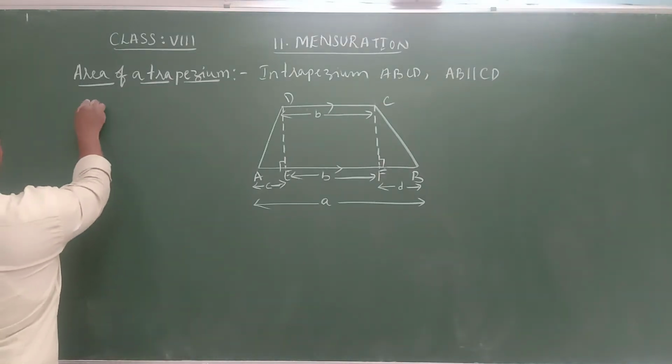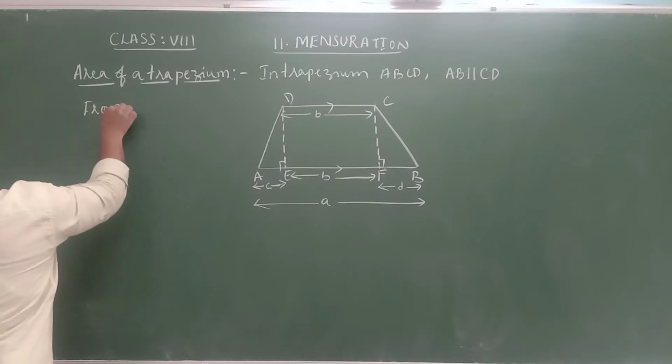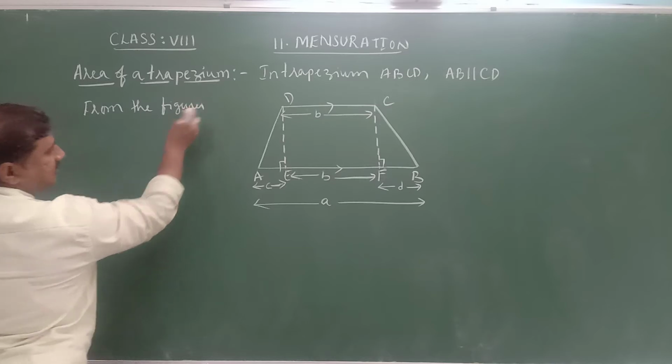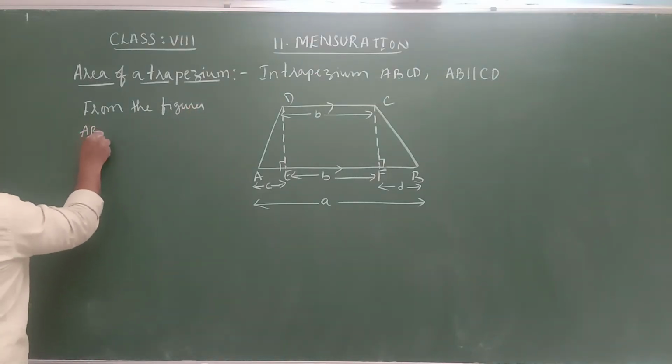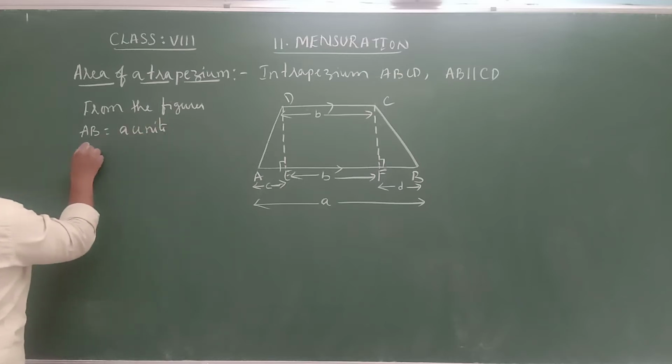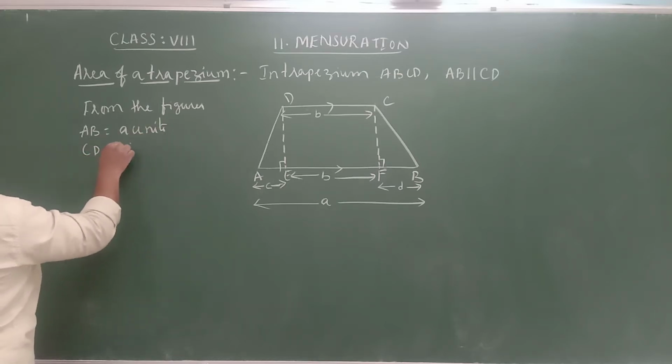We will reach the formula of area of trapezium ABCD. Now from the figure, write down those measurements. That is AB is equal to A units and CD is equal to B units.